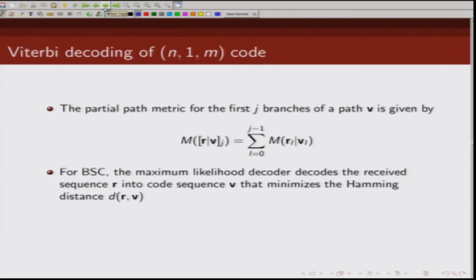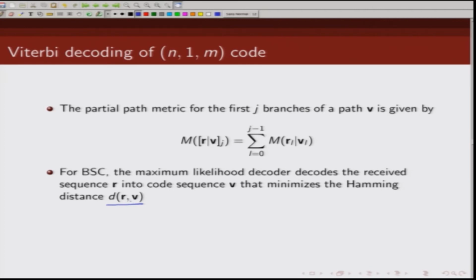Now, what is the maximum likelihood decoding rule for a binary symmetric channel? For a binary symmetric channel, the maximum likelihood decoder is one that decodes the received sequence R into a code sequence V such that the Hamming distance between the received code sequence and the transmitted code sequence is minimized.